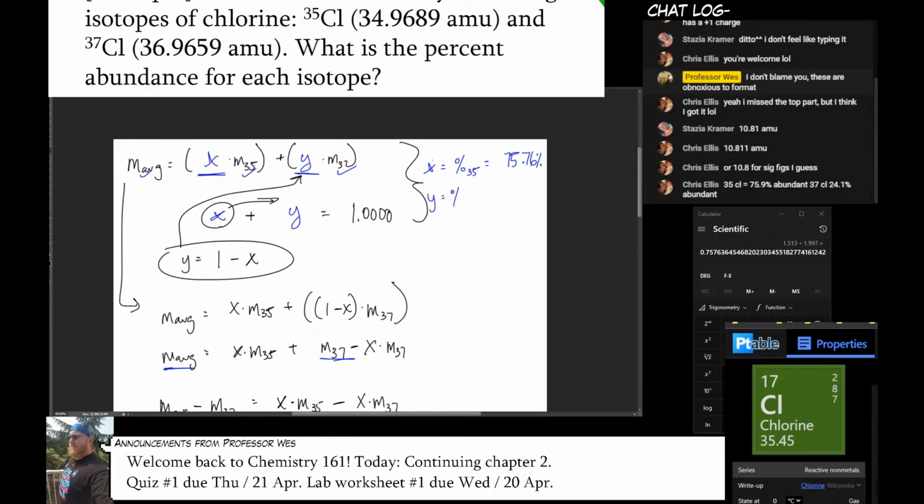Y would be the remainder of that. And we know that 1 minus X equals Y, so I can say 1 minus 0.7576 must be Y, so there you go.